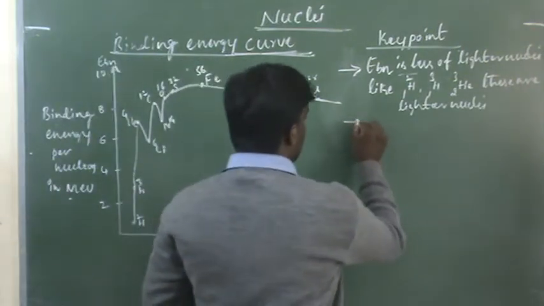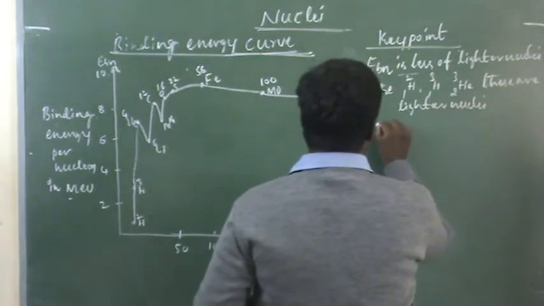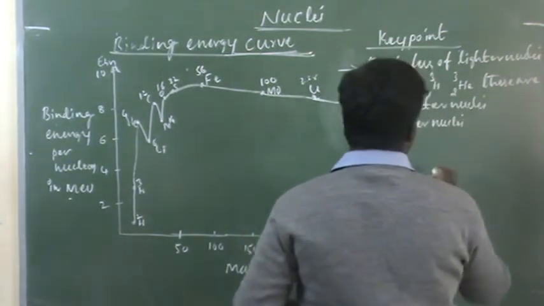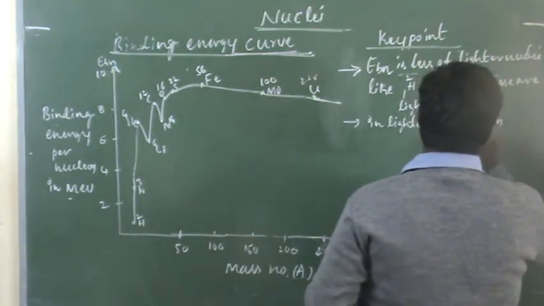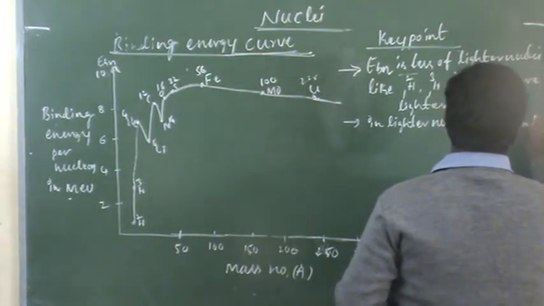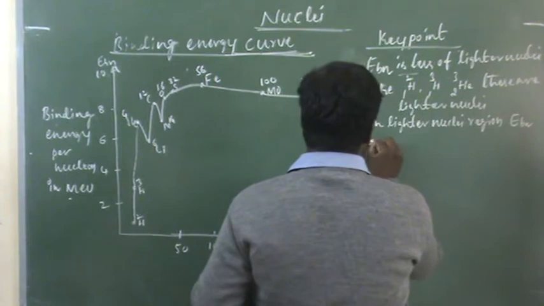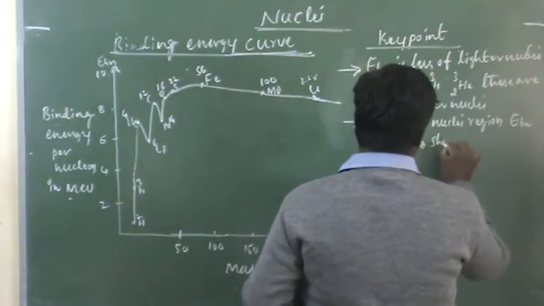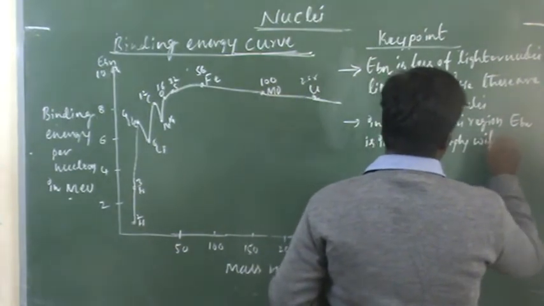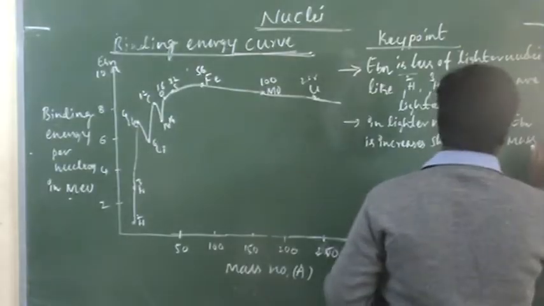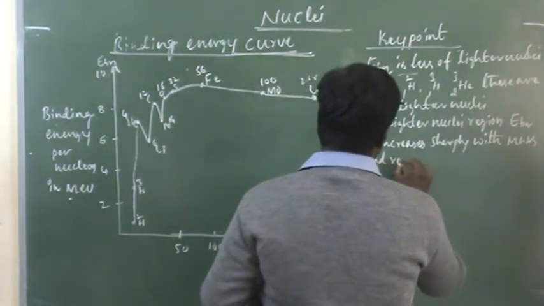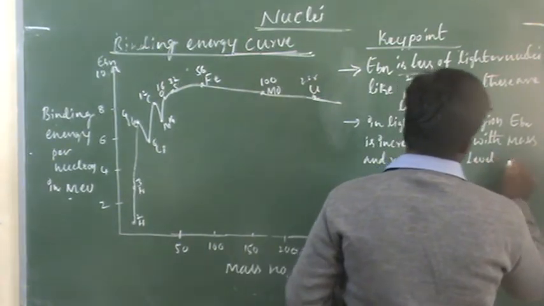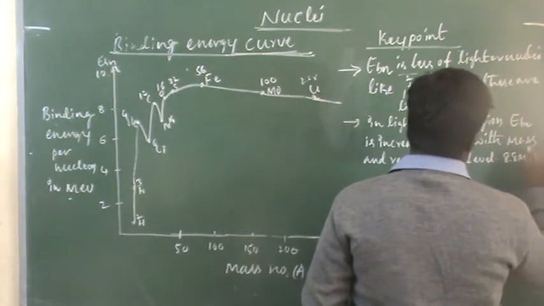Next, in the lighter nuclei region, nuclear binding energy per nucleon increases sharply with mass number and reaches a maximum level, that is 8.8 mega electron volt.